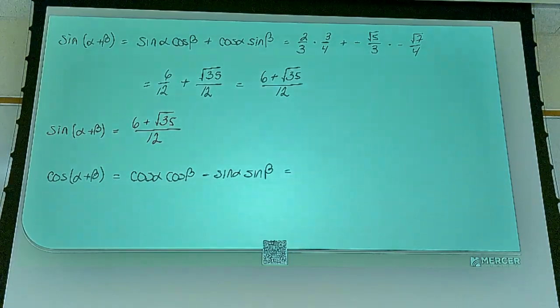Cosine of alpha, negative root 5 over 3, cosine beta, 3 over 4, minus sine of alpha, 2 over 3, times sine of beta, negative root 7 over 4.